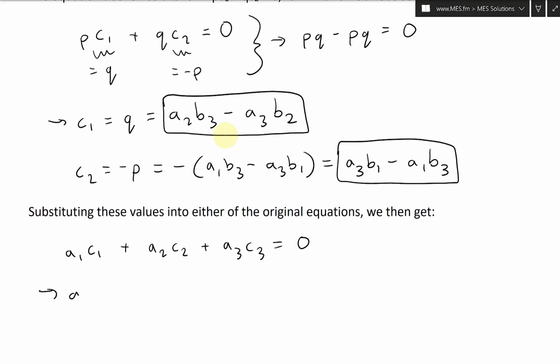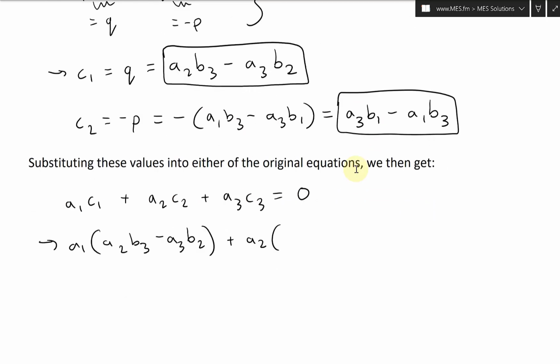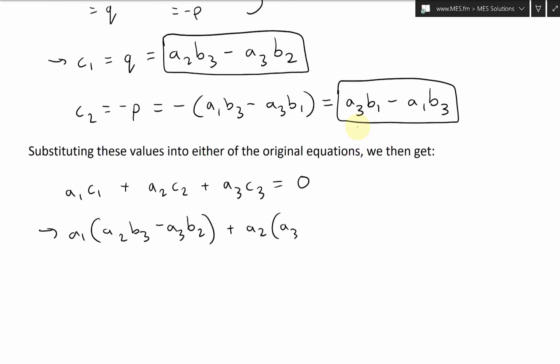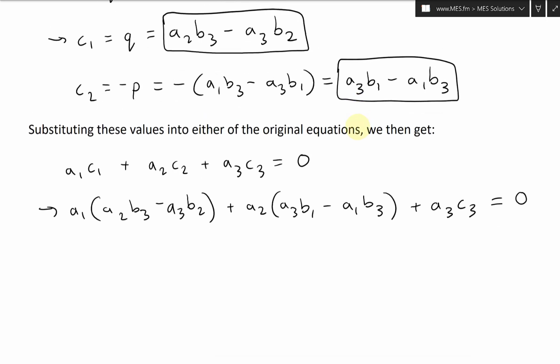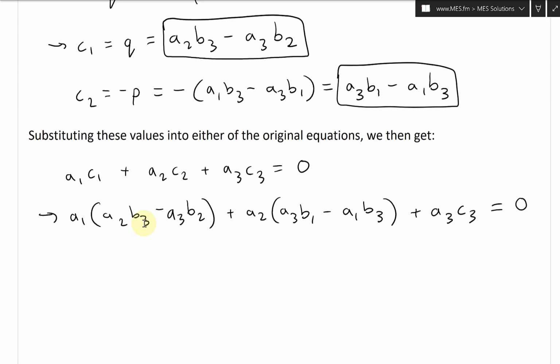So then what we'll get is A1 times C1, which is A2, B3 minus A3, B2, and then plus A2 times our C2, which is A3, B1 minus A1, B3, and then plus A3, C3 equals 0. All right, so now let's do some expansion here.